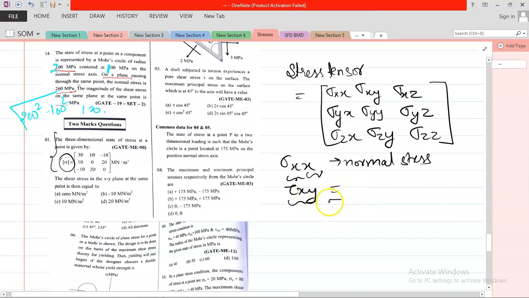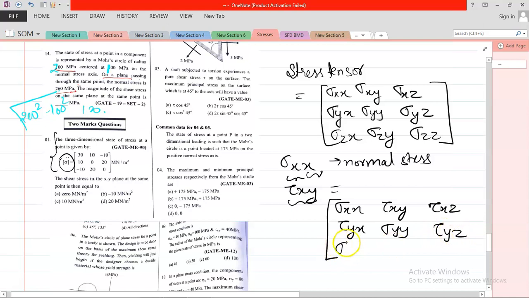So if you reduce the stress tensor, it will be sigma xx, tau xy, tau xz, tau yx, sigma yy, tau yz, tau zx, tau zy, and sigma zz.